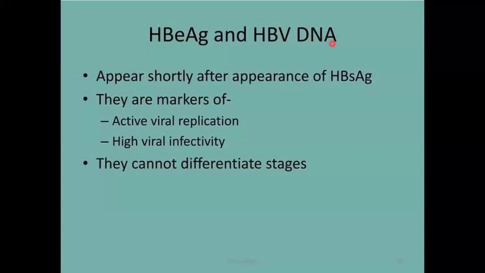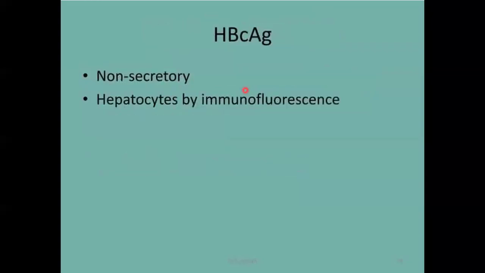Okay. And then the last question: markers of chronic infection. What are the markers of chronic infection? I said anytime you see antibody against hepatitis B surface antigen, you know that is someone who has resolved.